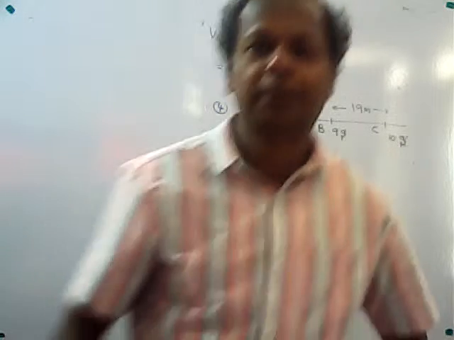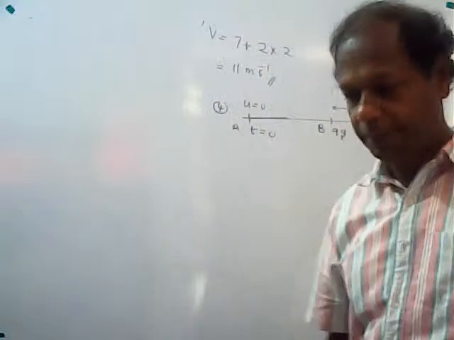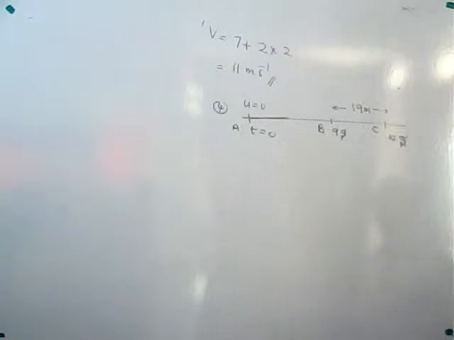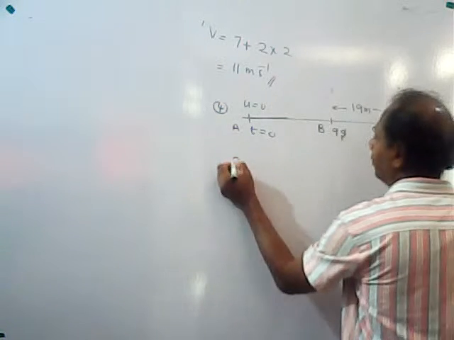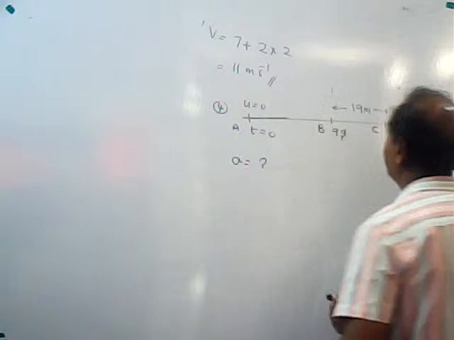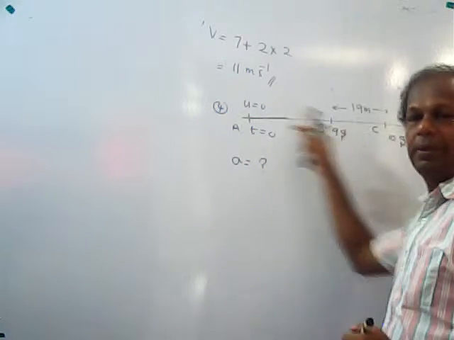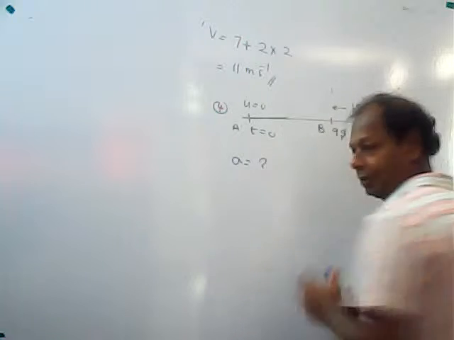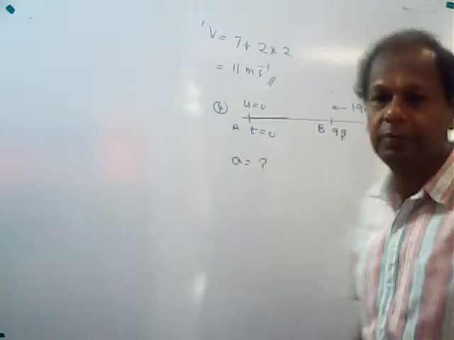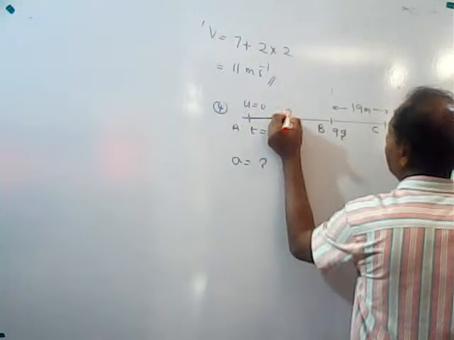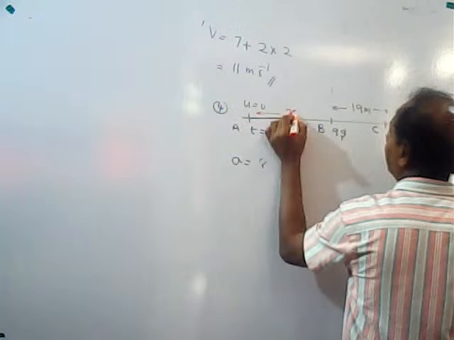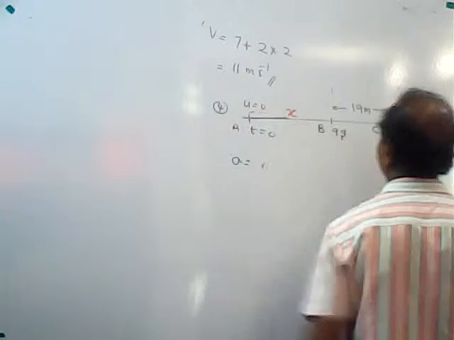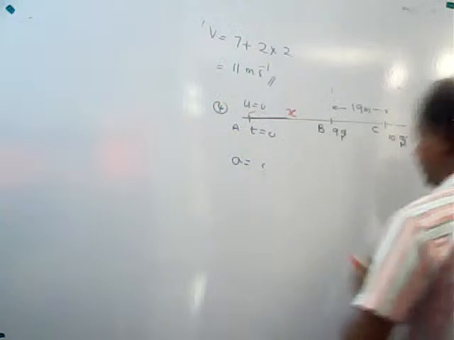So to find acceleration, we know this distance, but nothing about from A to B. Say some x. From A to B, the distance we don't know. We need to find acceleration.